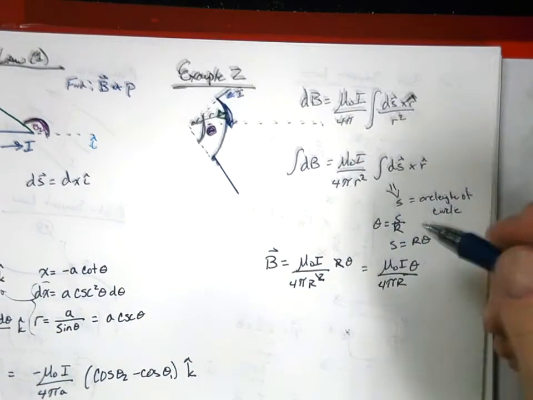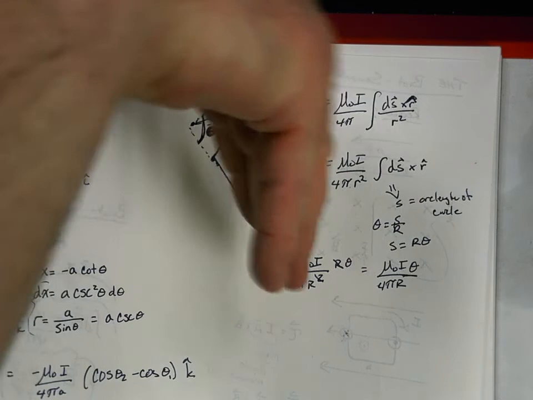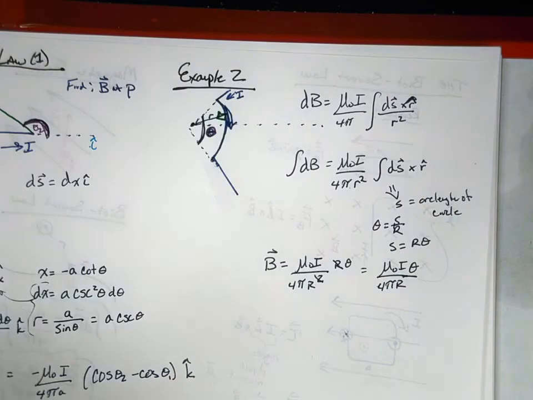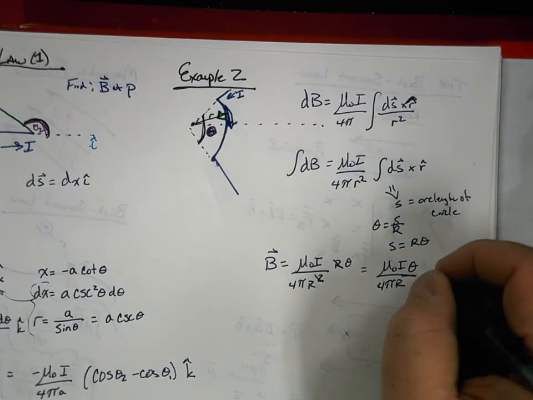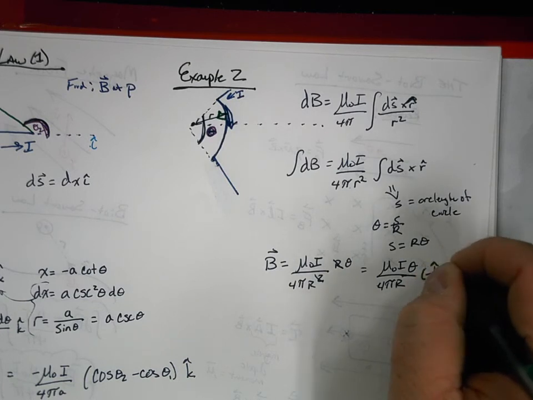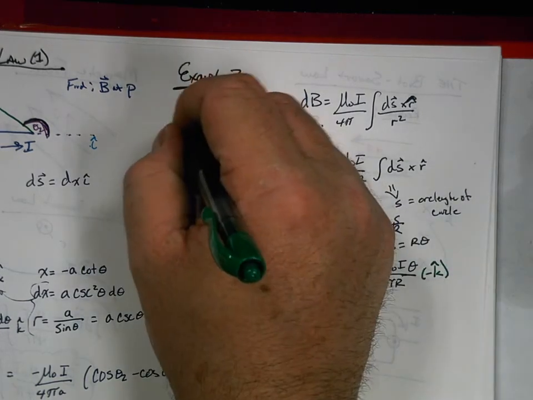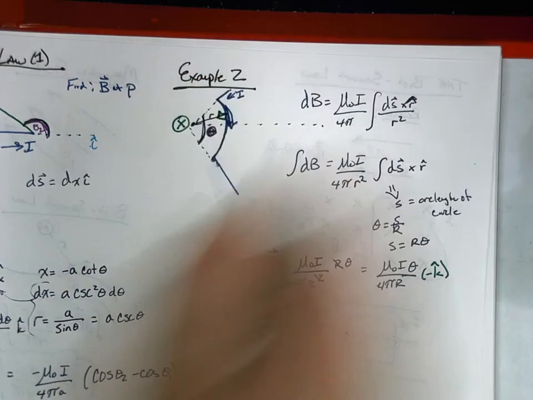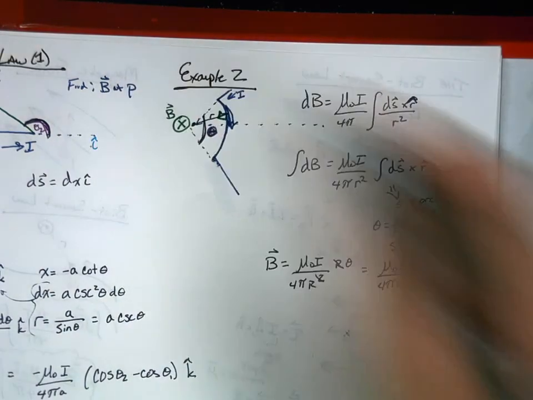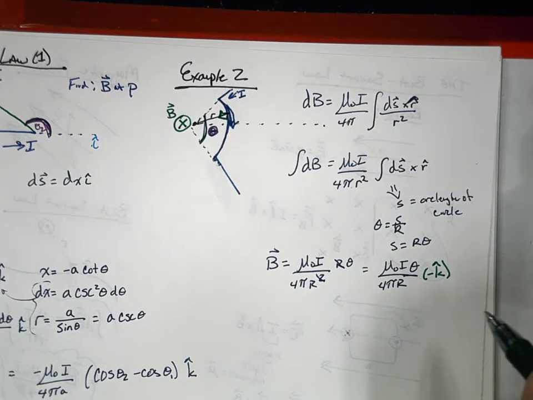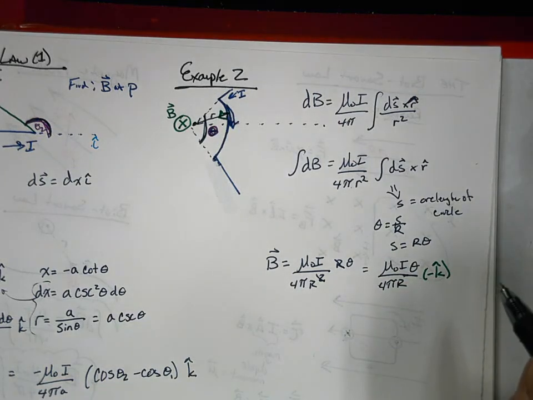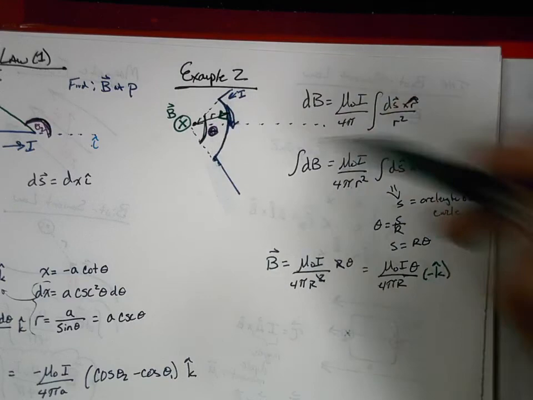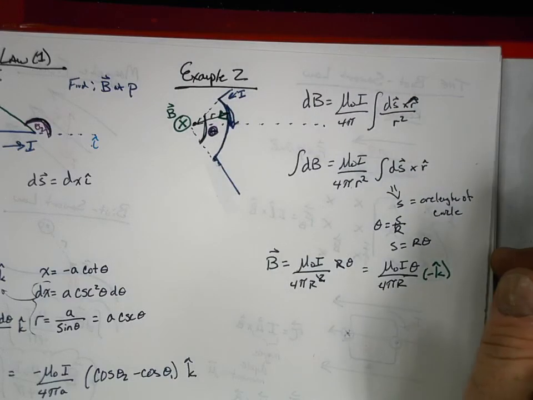So ds cross R hat is going to be into the page, which would be negative k hat, which would be in that direction. And that's how we do it around a curved wire, around our point in space. So this is what we use to determine the magnetic field at a point in space from a wire with current in it.